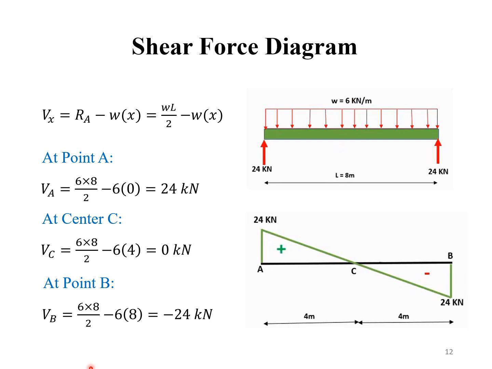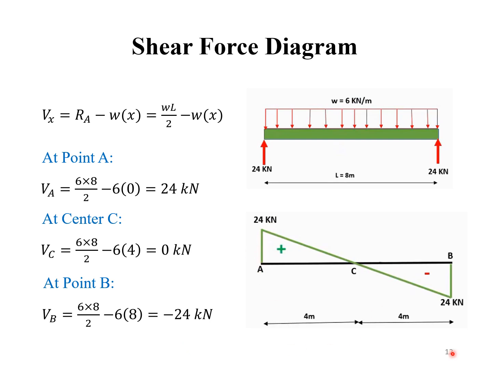W is the UDL acting on X, so at point A the shear would become 24 kilonewton since X is 0 at point A. Let's draw a line of 24 kilonewton at point A.